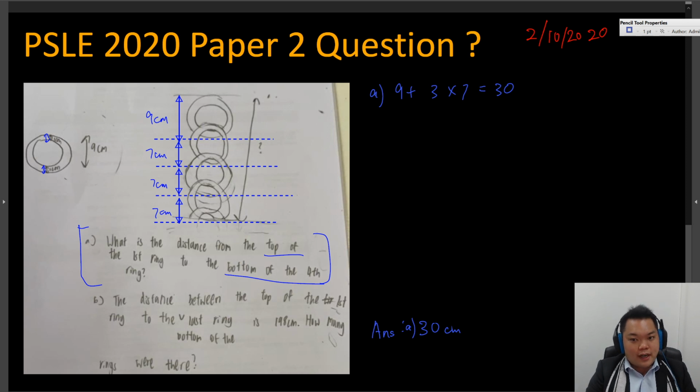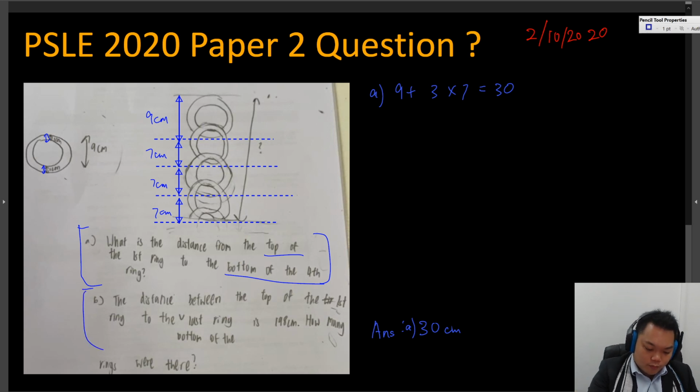Okay, then for part B, part B says that the distance between the top of the first ring to the bottom of the last ring is 198 cm.